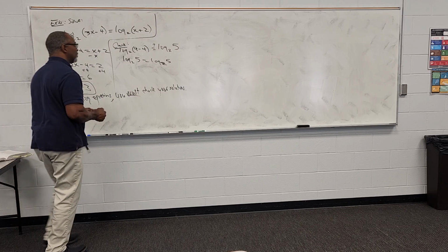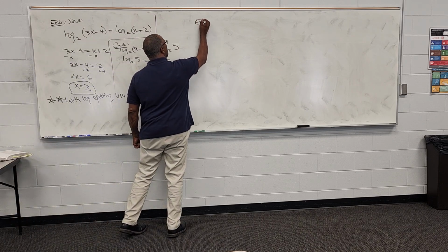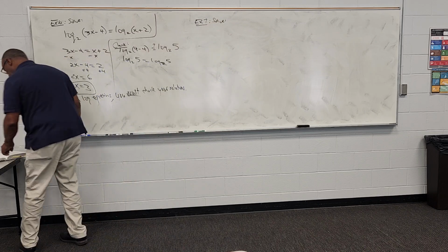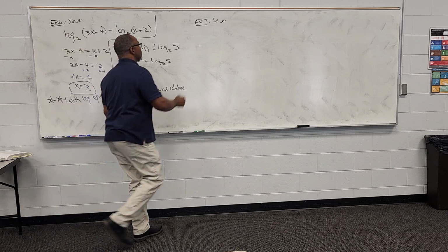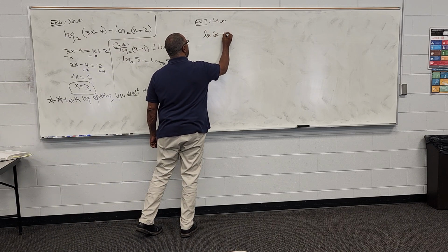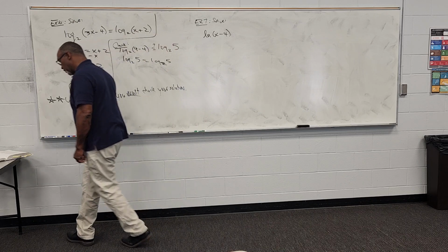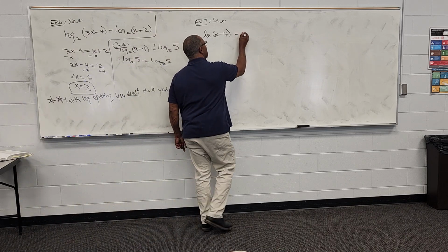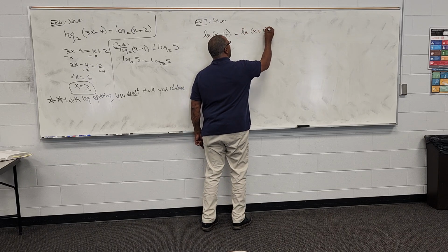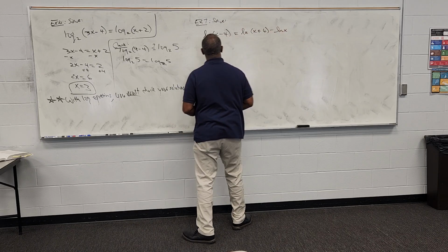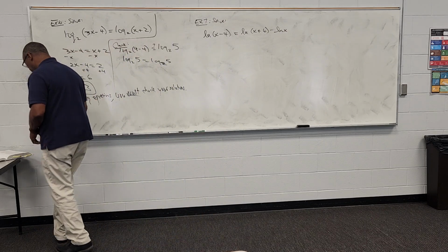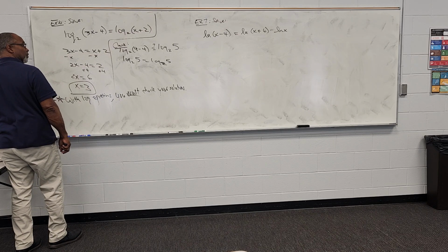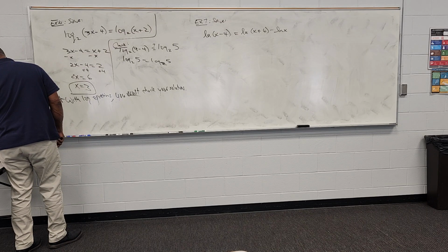Example 7, solve. ln of x minus 4 equals ln of x plus 6 minus ln of x. So the ln of x minus 4 equals ln of x plus 6 minus ln of x.